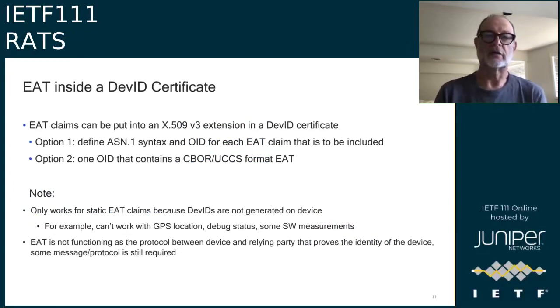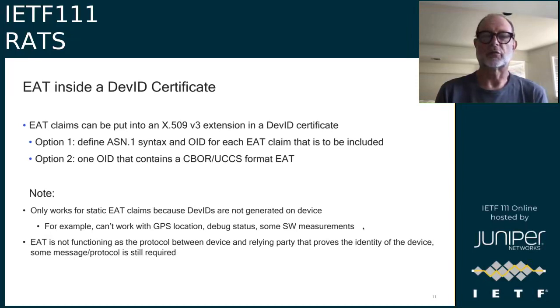So now we can take the EAT claims and put them into X509 v3 extensions in a DevID certificate. You could do this with an ASN1 syntax and OID for each claim. So you go through all the claims in the CWT registry, and in addition to the labels you have defined there, you define an OID for each one and ASN1 syntax for each one, and we may have interest in doing that anyway.